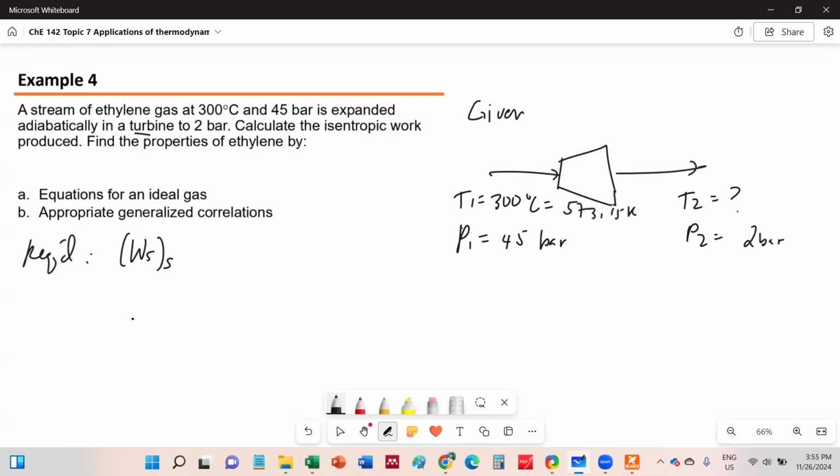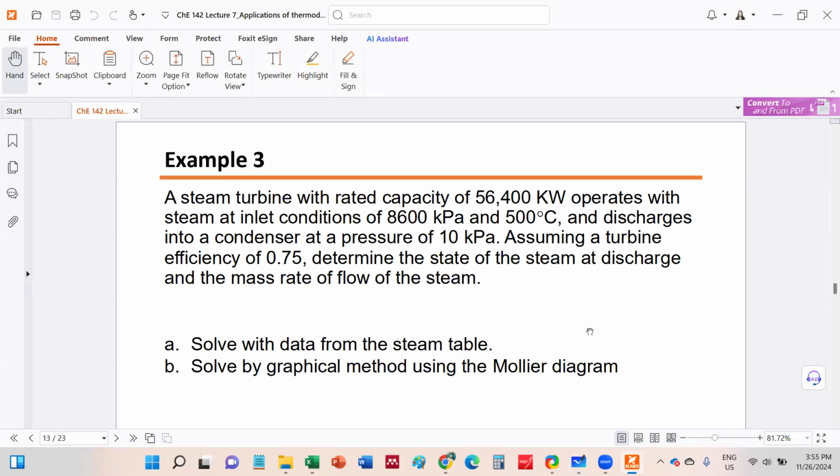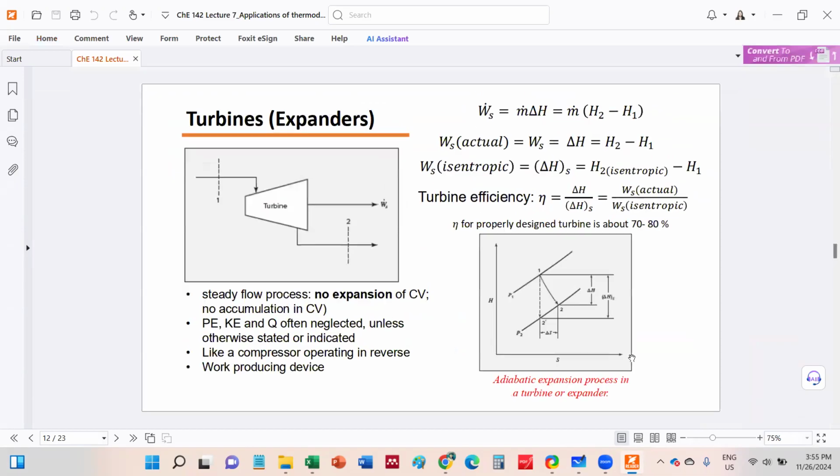And then assuming ideal gas, and then using generalized correlations. Right. So remember the working equation for turbines.